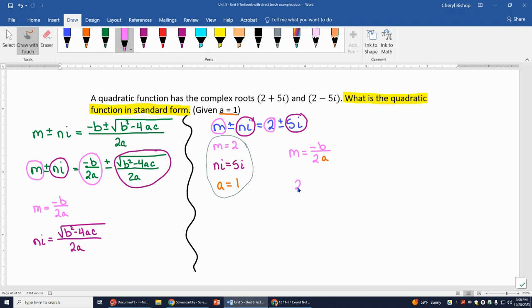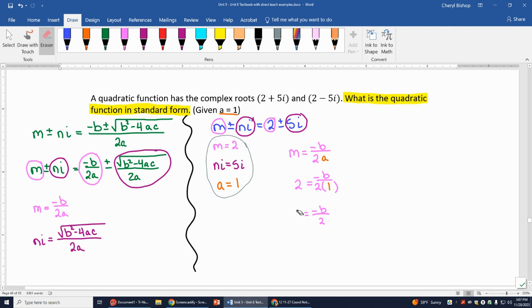So 2 equals negative b over 2 times a. A is 1, so now we just simplify that. Negative b over 2 times 1 is 2.